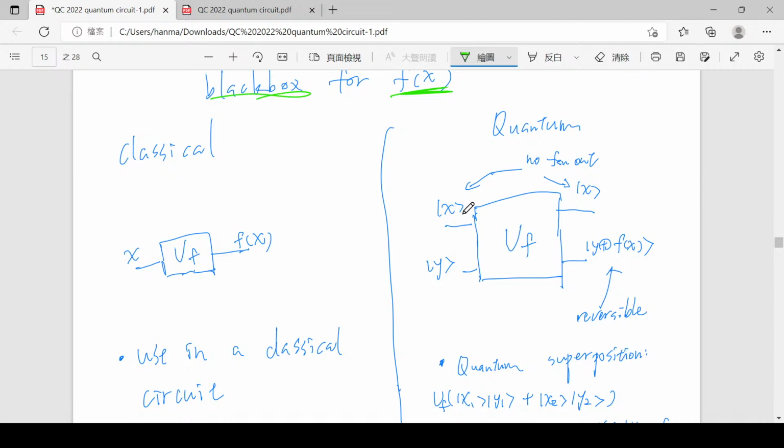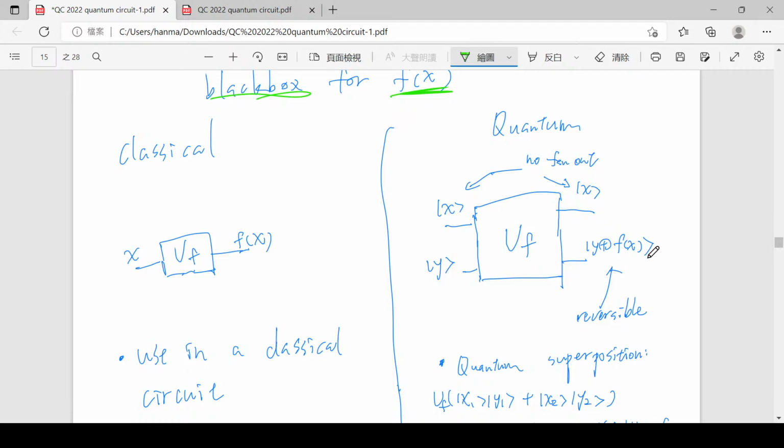And as we said, for the quantum oracle, the computational basis version, you have two registers, x and y. The input x stays as x at the end, and in the output register y you write your output f of x, but everything needs to be reversible, so actually you have y ⊕ f of x here.